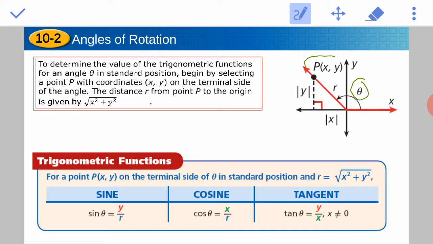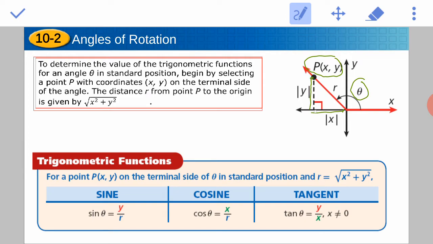Take any point P, its coordinates are x comma y, and we need to find the 6 trigonometric ratios. Guys, if we drop a perpendicular line from this point to the x-axis, the length of this distance is y, the y coordinate, and the distance from the origin point to this perpendicular line is x, the x coordinate.